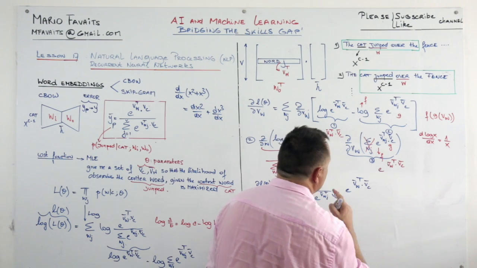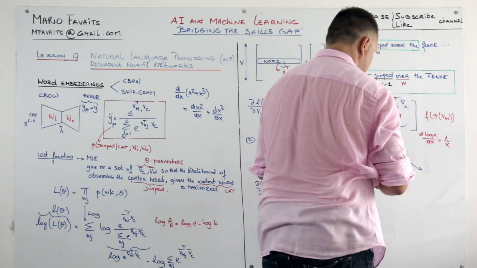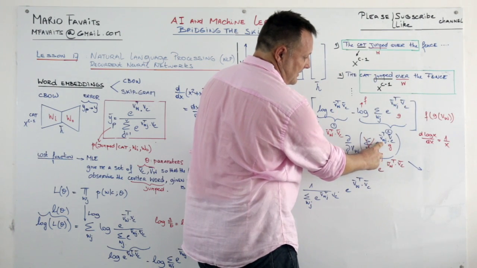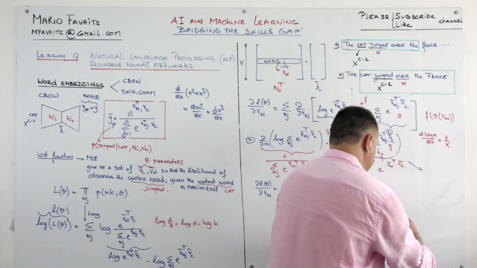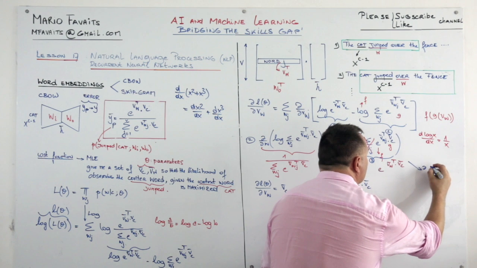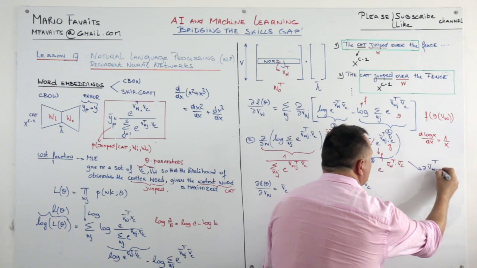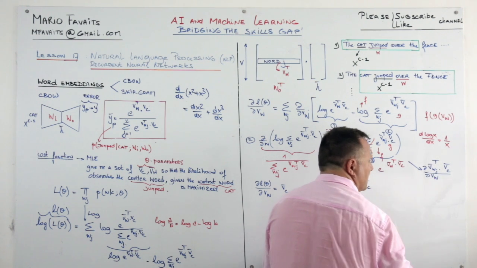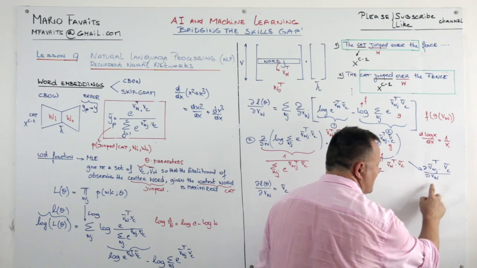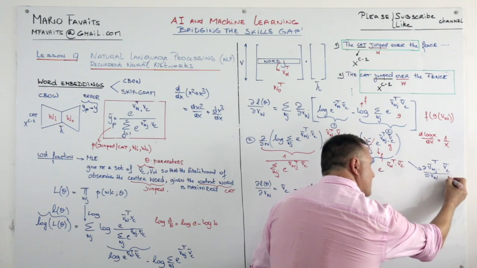And then we still have here, I forgot about that, the derivative of this one, because of the chain rule. The derivative of vwj transpose times vc with respect to dvw, this is also going to be vc.